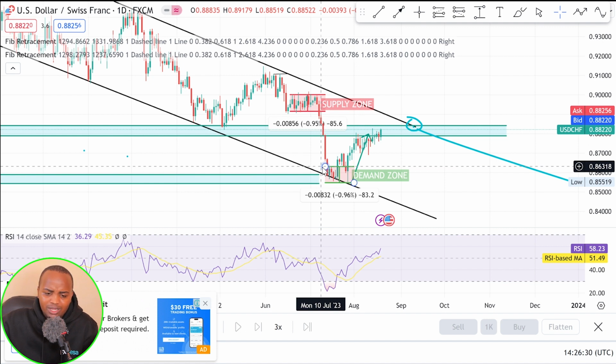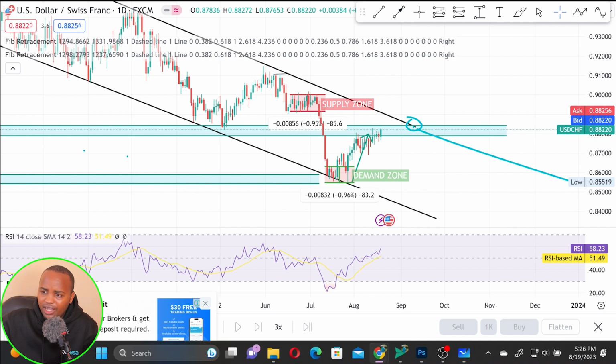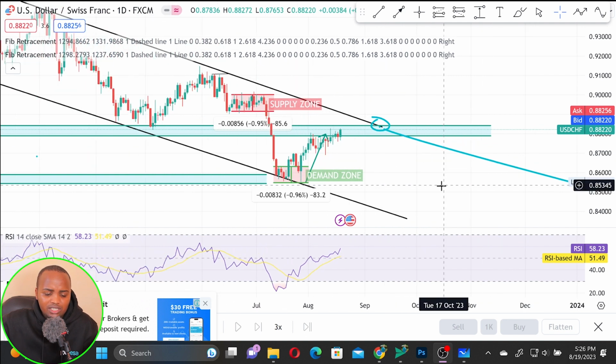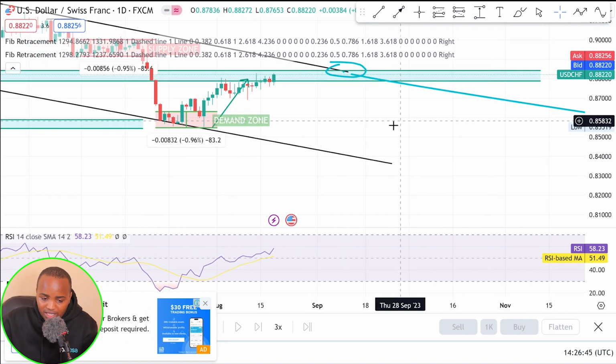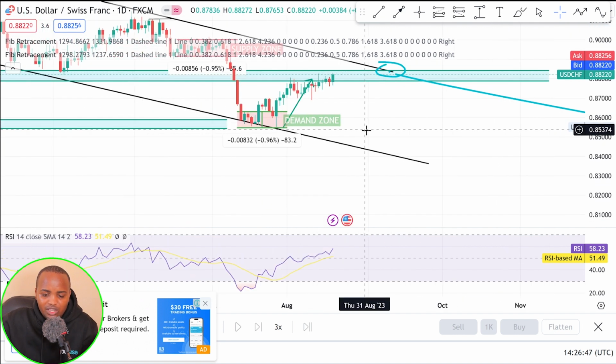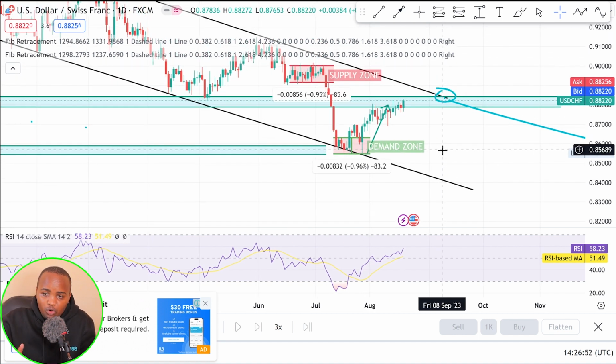Now, what happens when this zone has been created in the market right over here? For example, when we have something just like this, you can see it is being tested so many times. And when we talk about demand, it is when the zone is being tested. When the market reaches another level, it gets resistance over there, or it is supported over there.